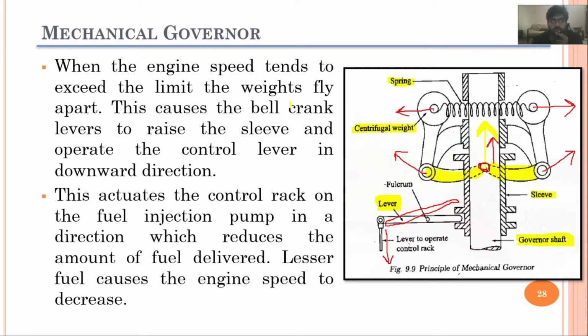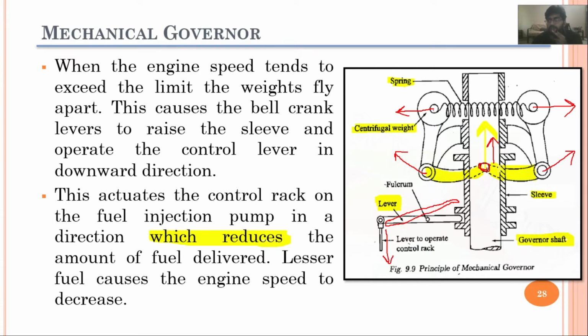And because of the movement of the sleeve in the upward direction, the control lever will move in the downward direction. This actuates the control rack on the fuel injection pump in a direction which will reduce the amount of the fuel. So a lesser amount of fuel would now be delivered, which will cause the engine speed to decrease.